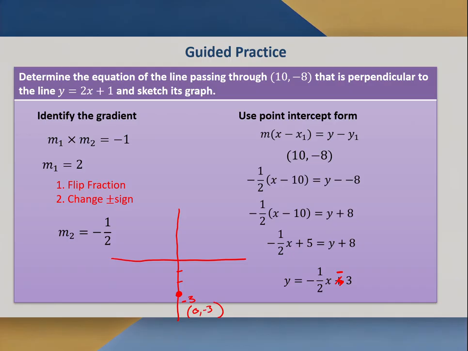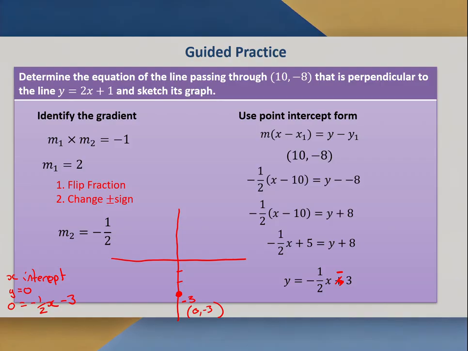To find the x-intercept, we would have had to do y is equal to 0. So that means we've got 0 is equal to -1/2 x take away 3.